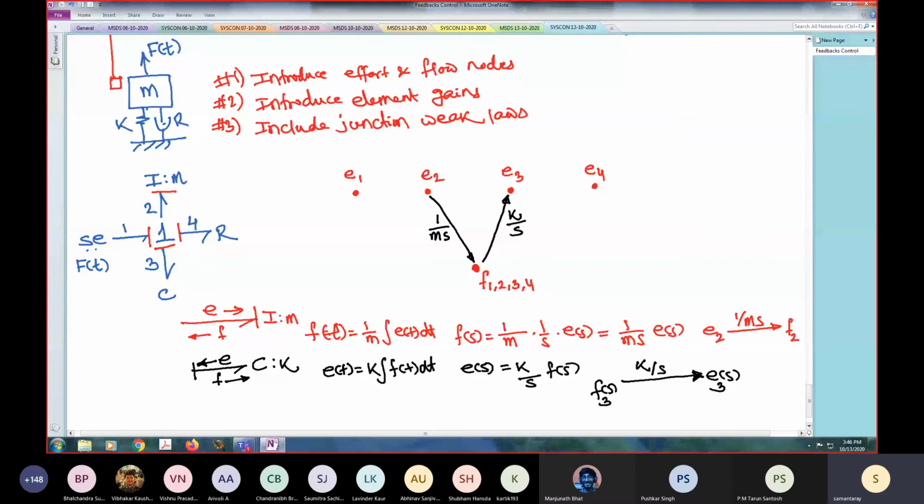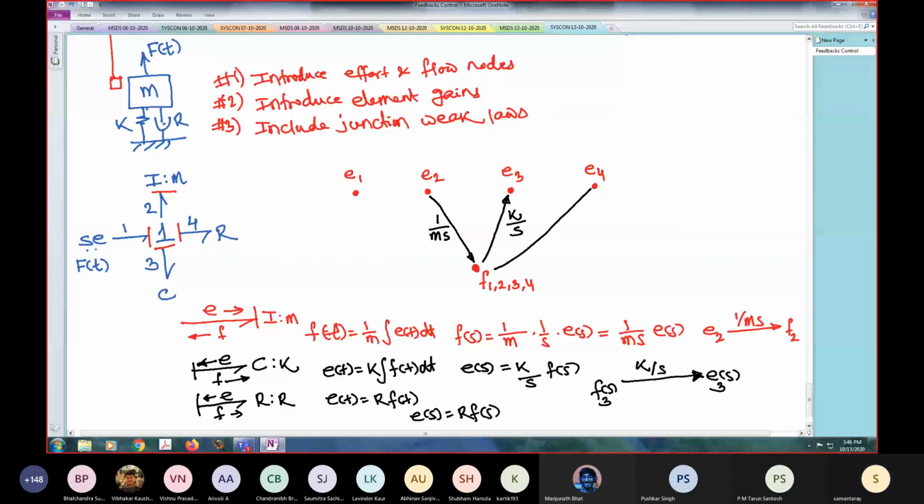Likewise for the resistance, it is in this causality, R is to R. So for this we understand that the system is getting effort, this is giving flow, E(t) is equal to R times F(t). There is no integration. So E(s) is equal to R times F(s). Straightforward. So that is in bond number 4.